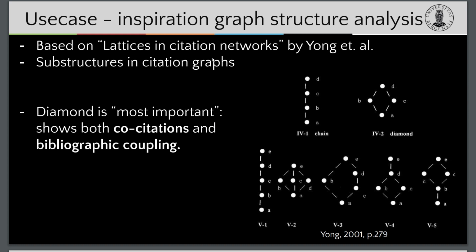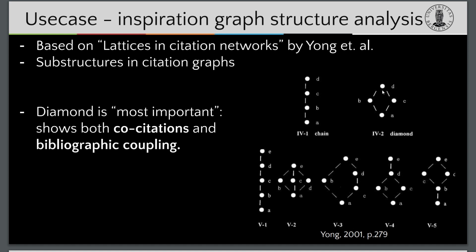And then finally, the use case that I think is most interesting myself is the analysis of the structure of the inspiration graphs themselves. So this is based on a paper by Young called Lattices in Citation Networks, where he identifies some common substructures in citation graphs.